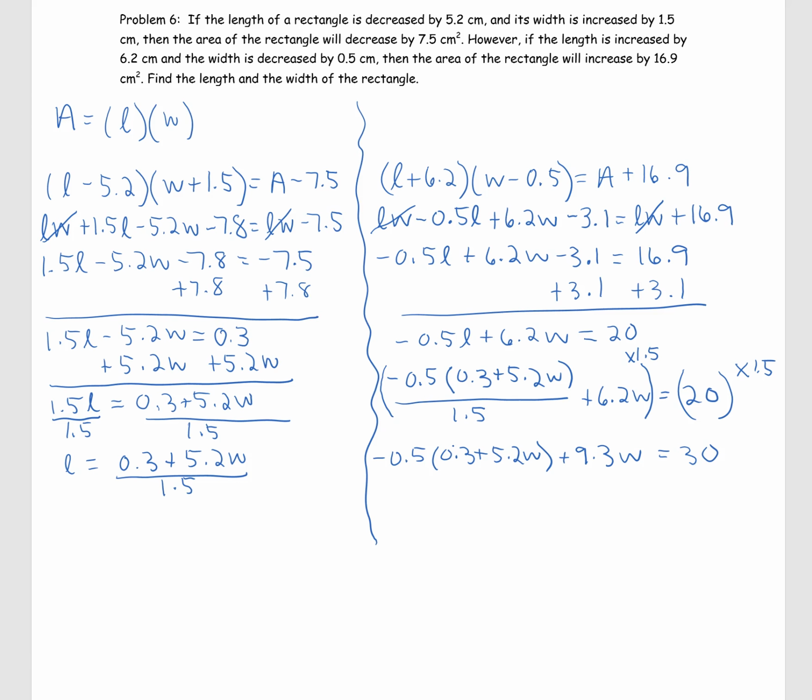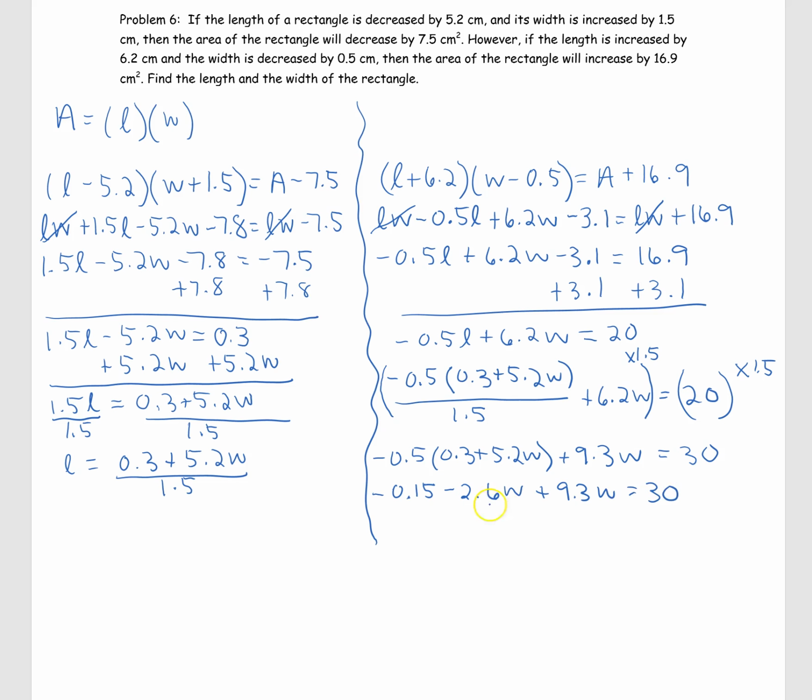that gives me negative 0.5 times 0.3 is negative 0.15. Negative 0.5 times 5.2 is negative 2.6 W. I still have this 9.3 W on the outside, and that equals 30.